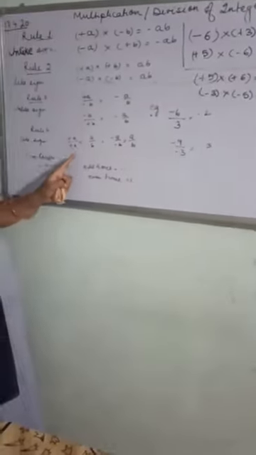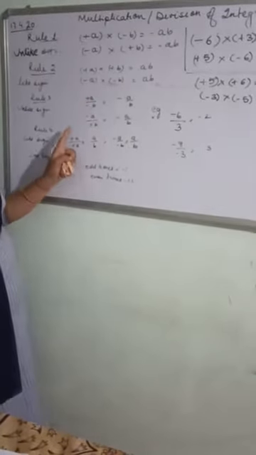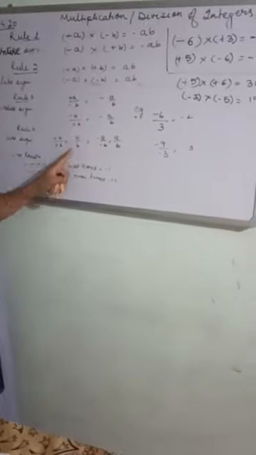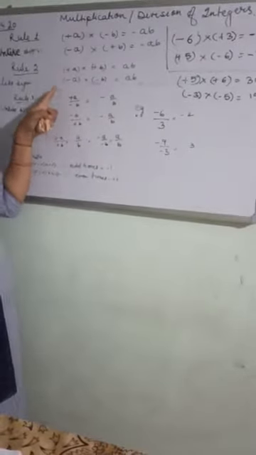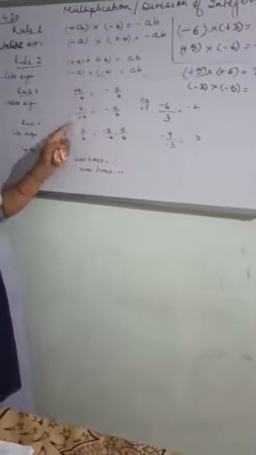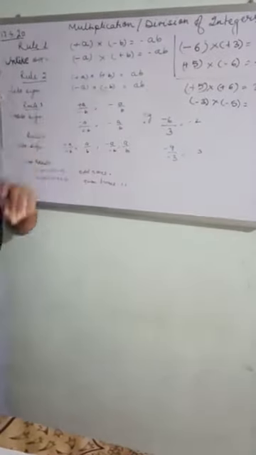Same rule apply for your division also. If both the numbers are of same sign, both are positive, the answers are coming out as positive integers. But if one is negative, one is positive, the answer is coming as the negative integers.